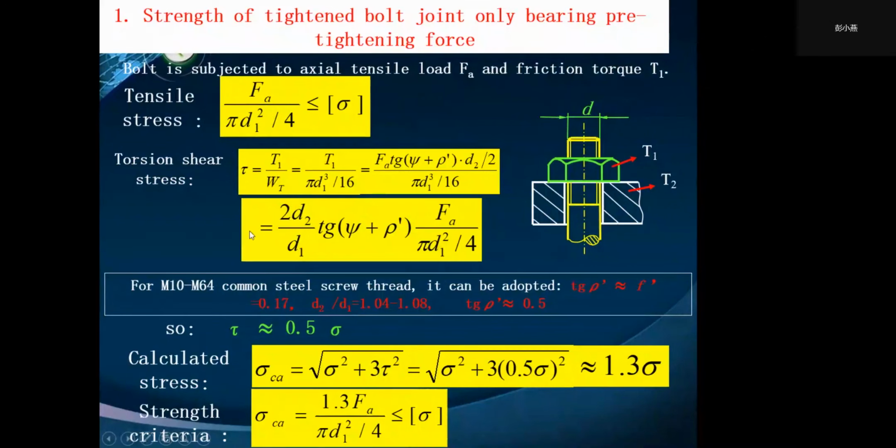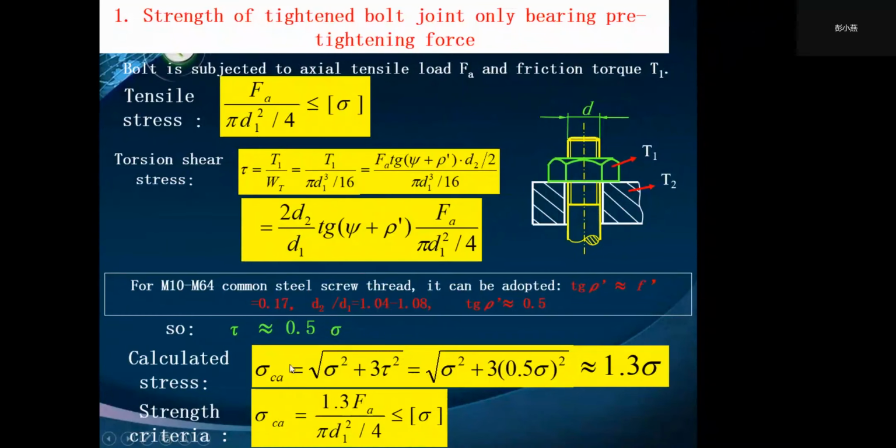For common steel screw thread, the calculation can be simplified: the shear stress tau is equal to half of the tensile stress sigma.